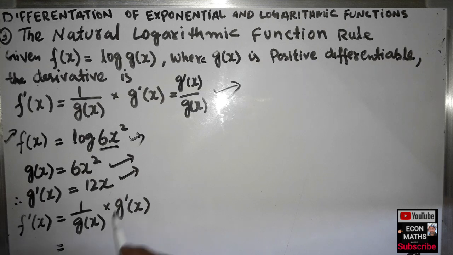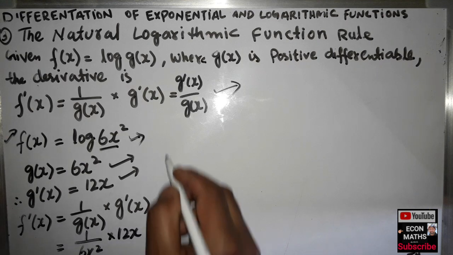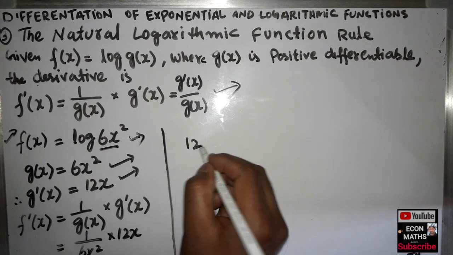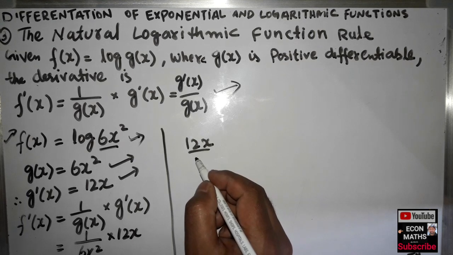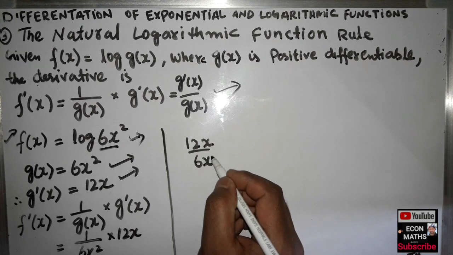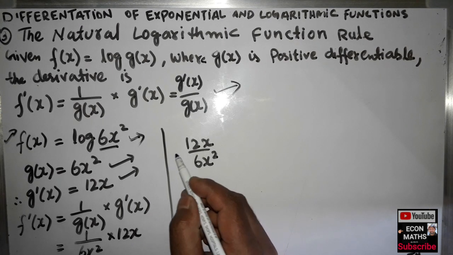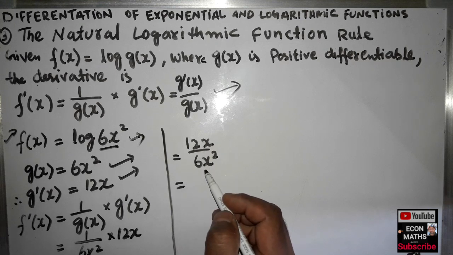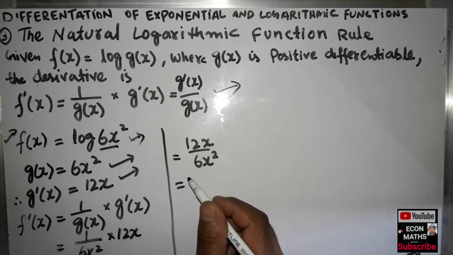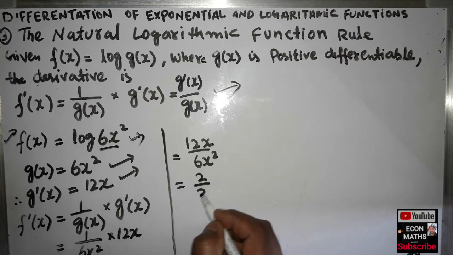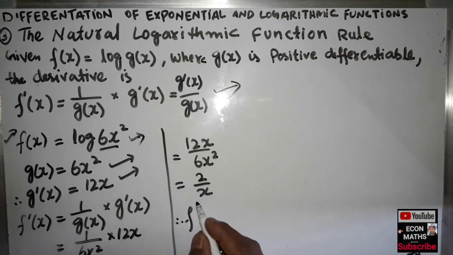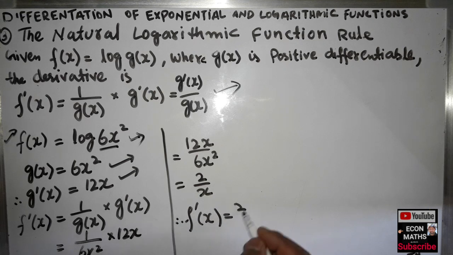So this becomes 1 over 6x square times 12x, which is 12x over 6x square. Now 6 2s are 12, and x square and x cancel to leave x. So this becomes 2 over x. Therefore f dash x is equal to 2 over x.